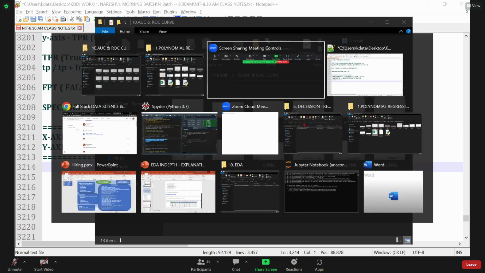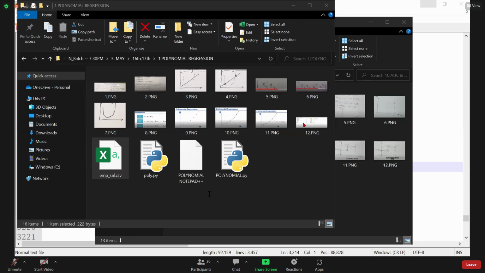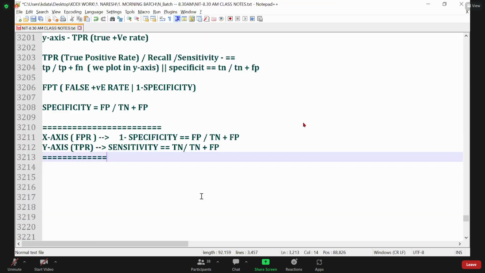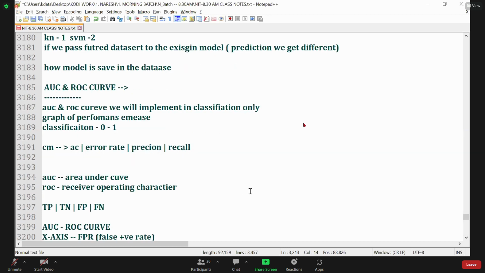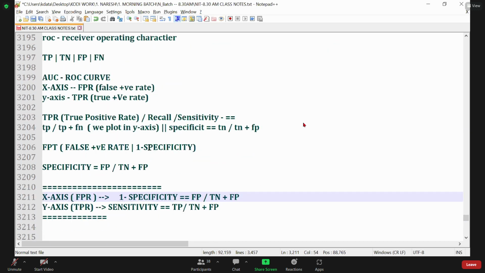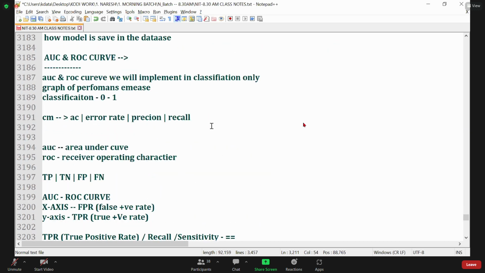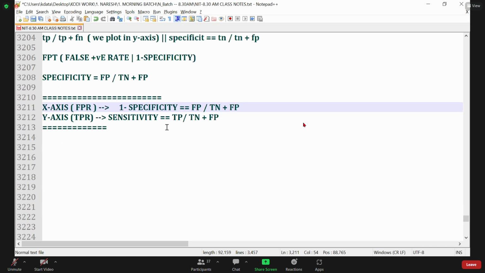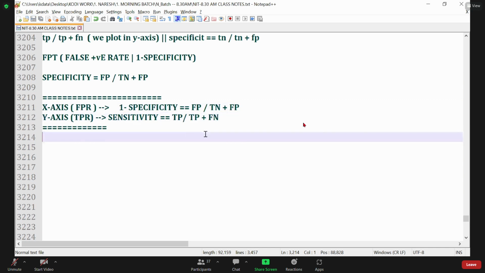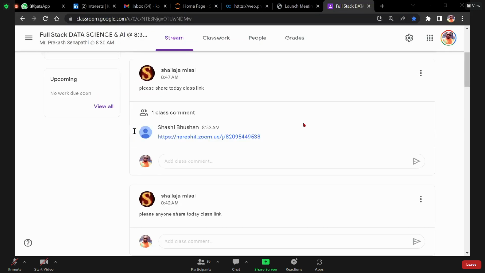This is TP by TP plus FN. Is it clear, or did I change it? Okay, thanks. Oops, I forgot to share this link. You can find it on Google, guys. That's not an issue.